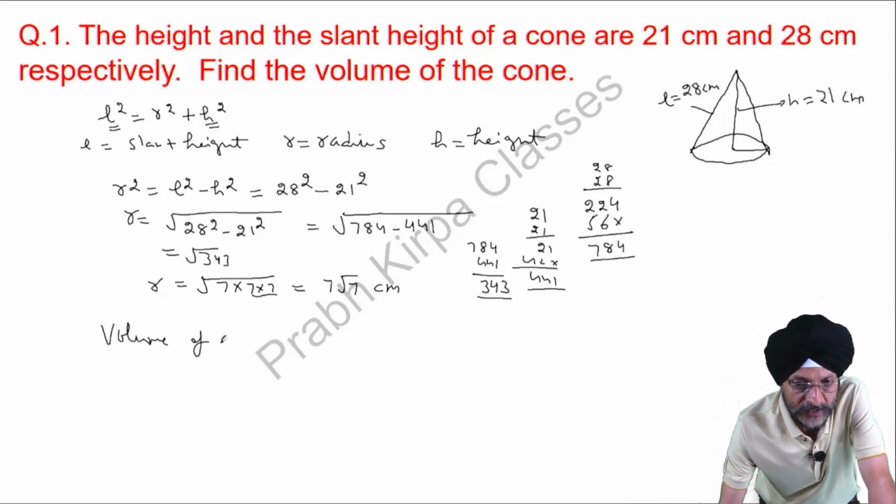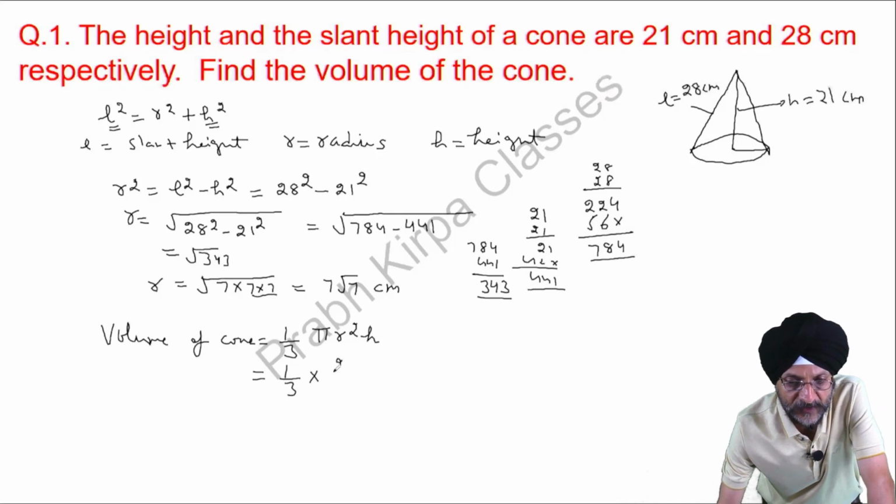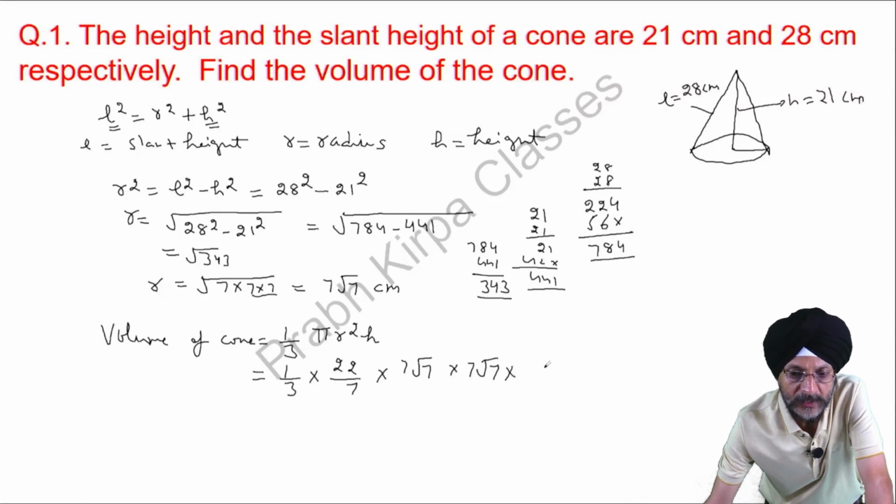Now we have to find out the volume of the cone. Volume of cone is equal to 1/3 pi r square h. 1/3 pi means 22/7. What is the value of r? 7 under root 7, 7 under root 7 into height.